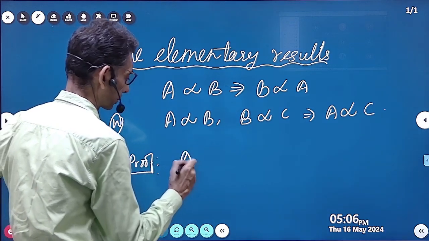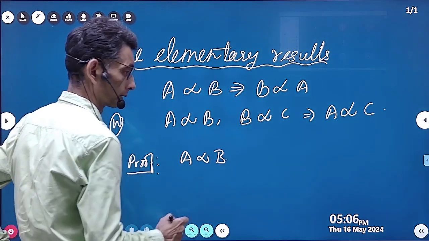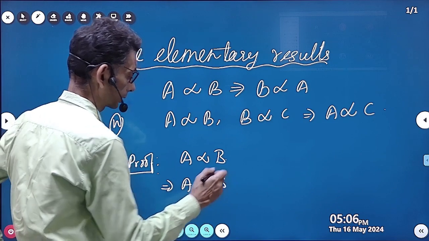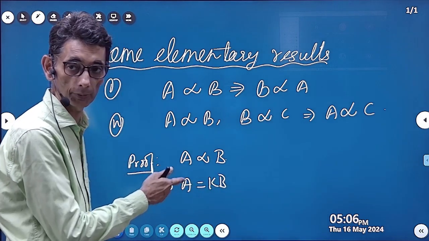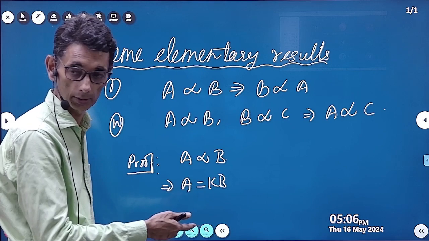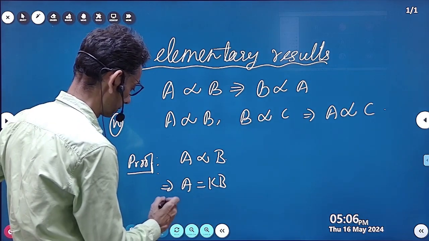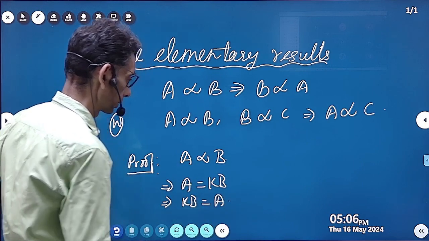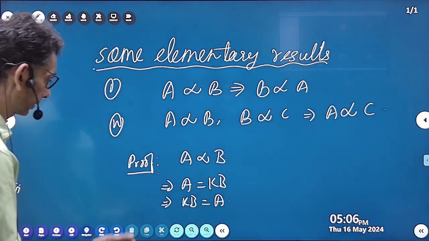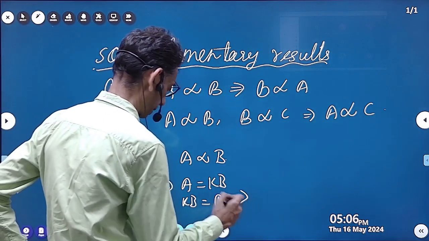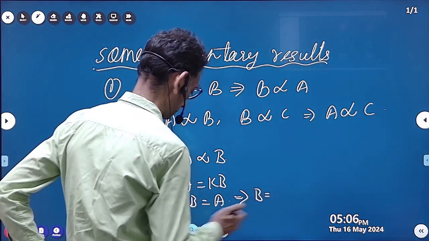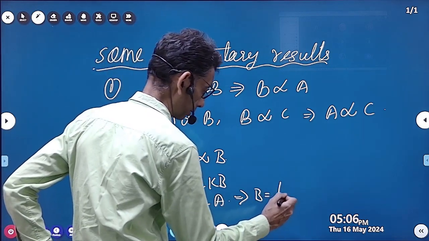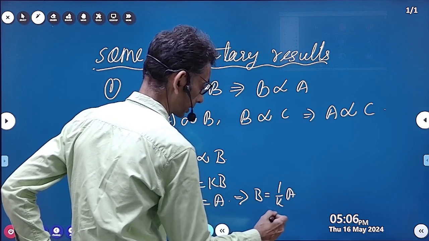A is proportional to B, this implies A is equal to KB. I mean, the proportionality sign, if we change it, becomes a constant. So we can write KB is equal to A. Bringing K to the other side, B is equal to 1 upon K times A. 1 by K is a constant, or not?